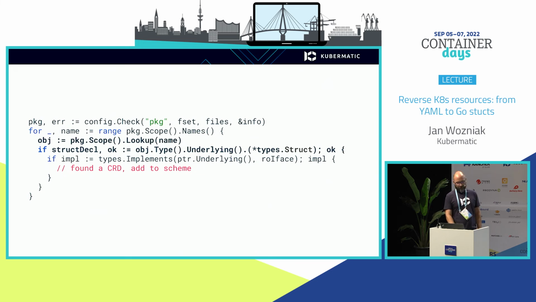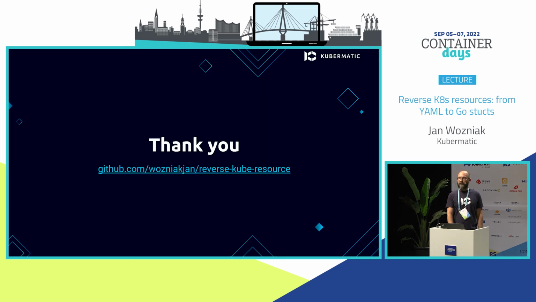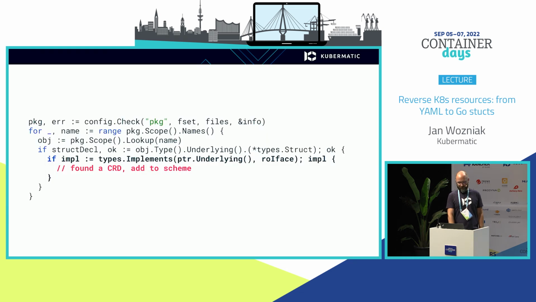And if it is a struct type, then we check if it implements the runtime object interface. And if it does, we found a CRD, and we know how to register it into the Schema. And that is it. You run the previous algorithm exactly the same way. Your CRDs are registered in a Schema, and you get the valid output, and you get the Go file.